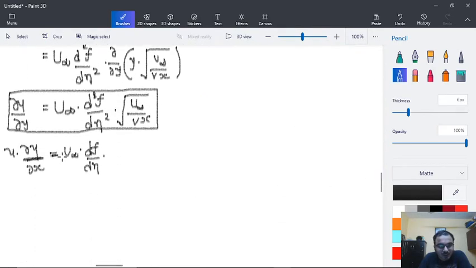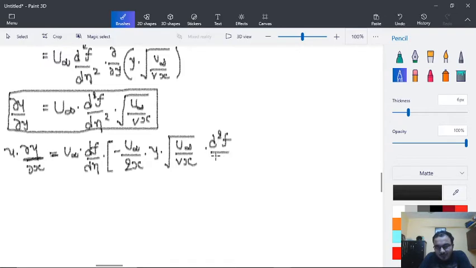And now the value of del u upon del x, which is minus u infinity divided by 2 into x into y into u infinity upon nu into x into d2f over d eta square.